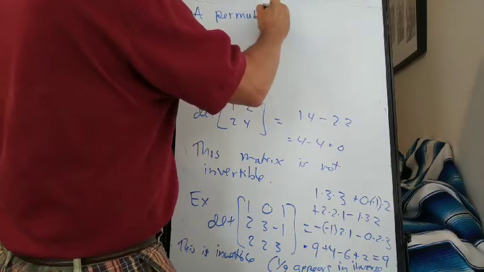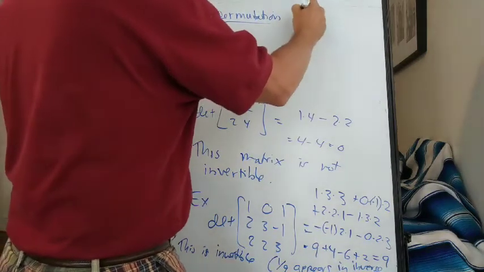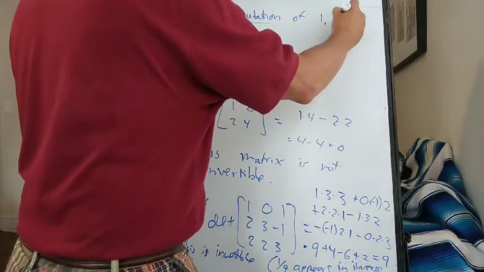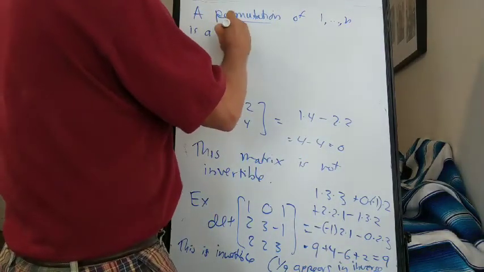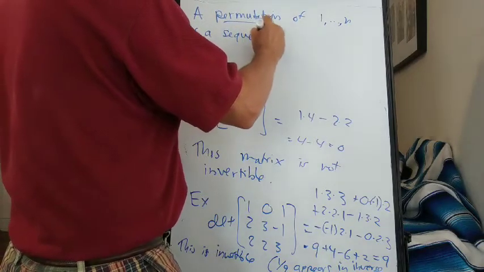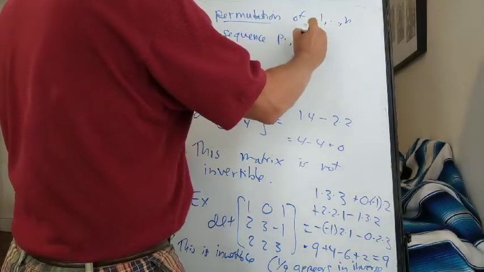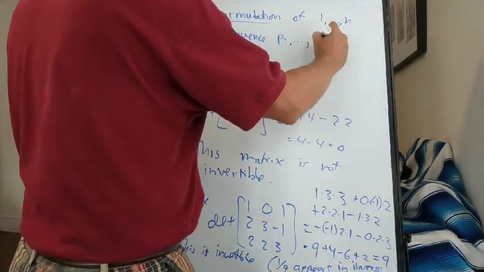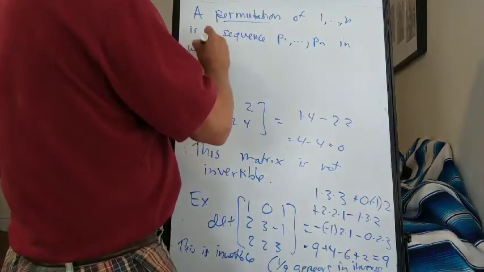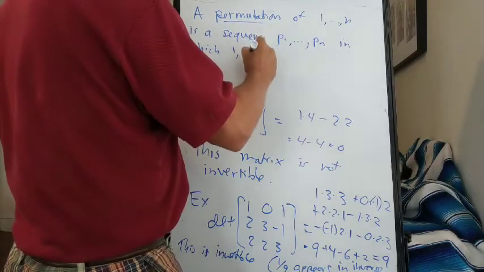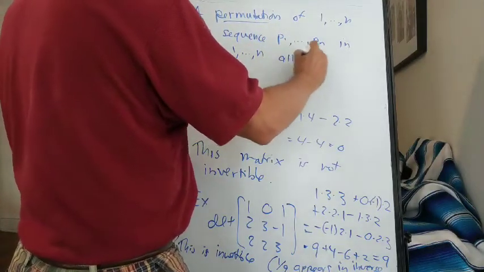And a permutation of 1 through n is a sequence P1 through Pn in which 1 through n all appear once.